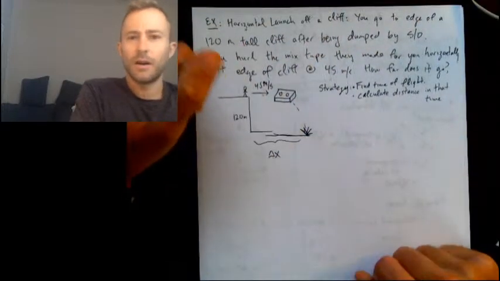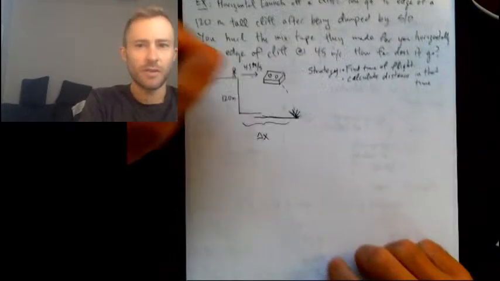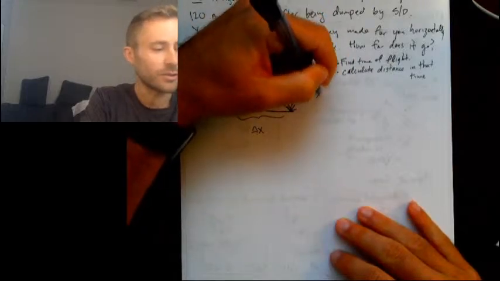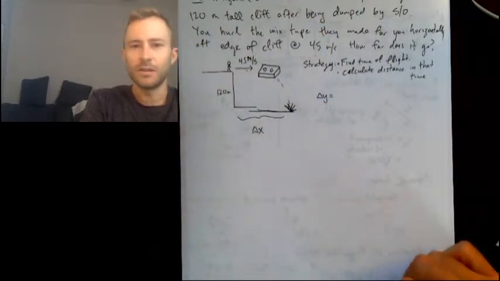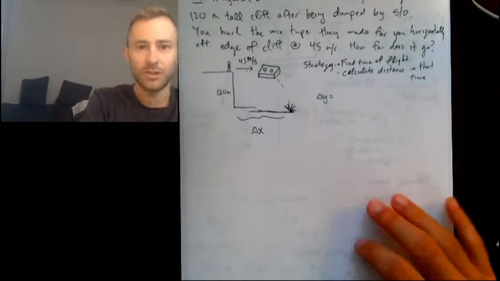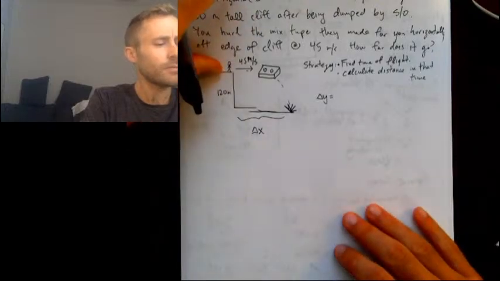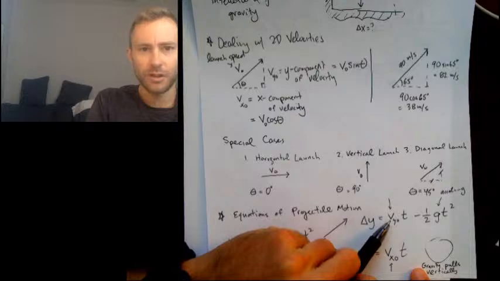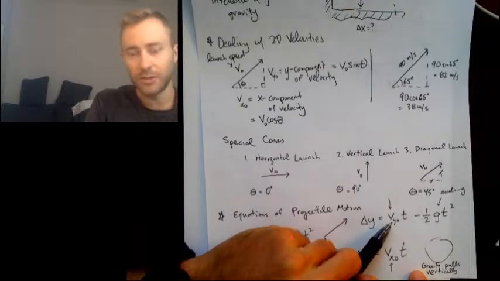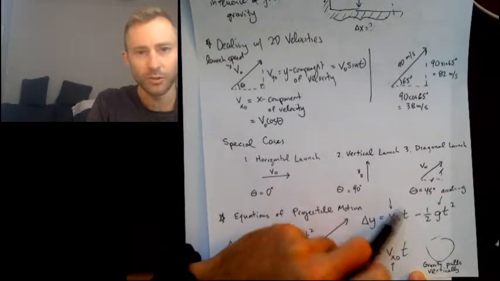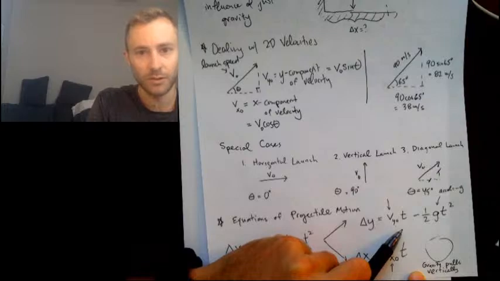So I'm going to write the delta y equation and the delta x equation. The delta y equation is vy naught times time minus 1/2 g t squared. Now, here's the thing. If you have a horizontal launch, then all of the initial velocity is horizontal. None of it is vertical. So this term goes away because it was a horizontal launch.